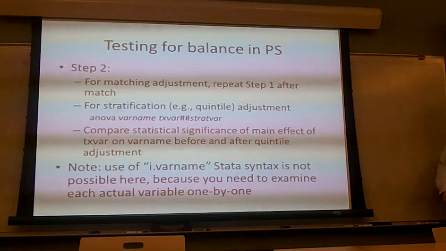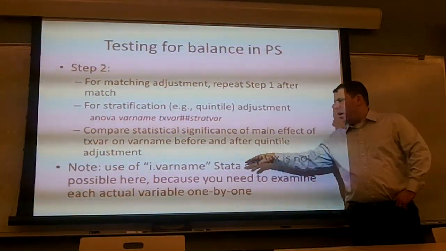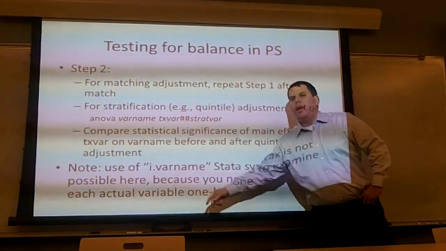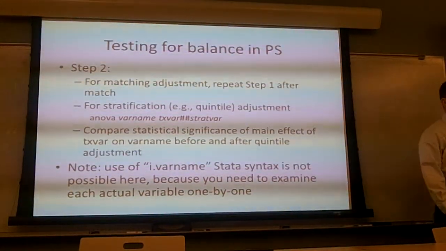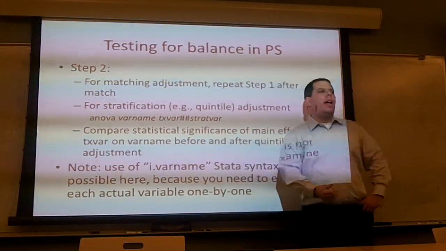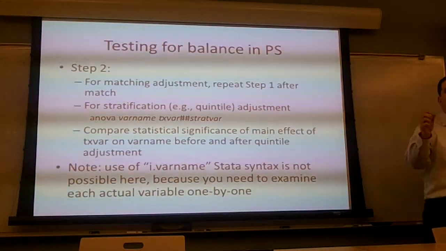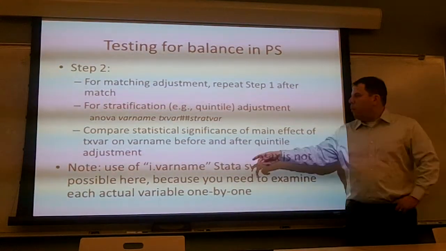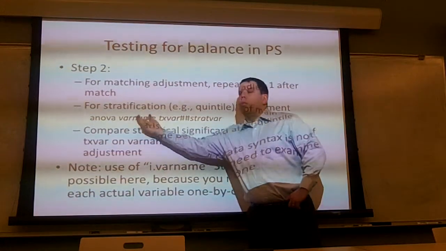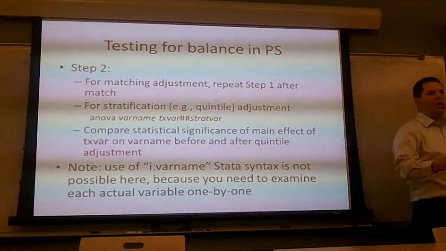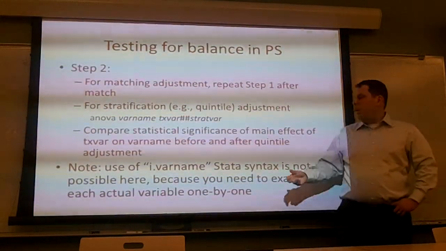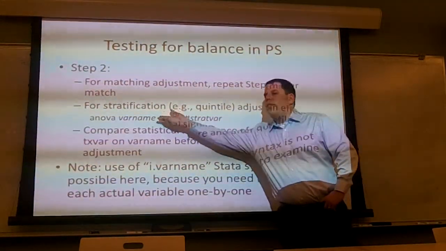One thing key to note: in prior lectures I've sung the praises of the i.varname factor variable syntax in Stata. It's really nice because it turns a categorical variable into a set of dummy variables on the fly. That's great for a regression analysis where you specify a model specification. But i.varname won't work as a dependent variable, because if it has 6 categories you're talking about substituting 5 variables, and you can't have 5 dependent variables.